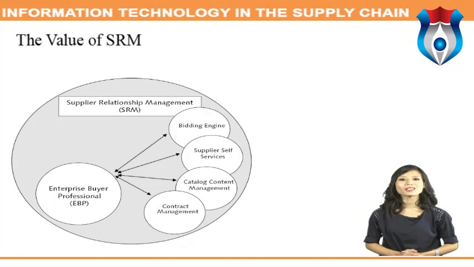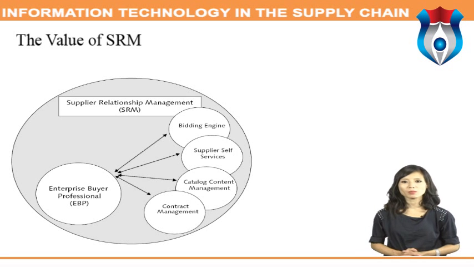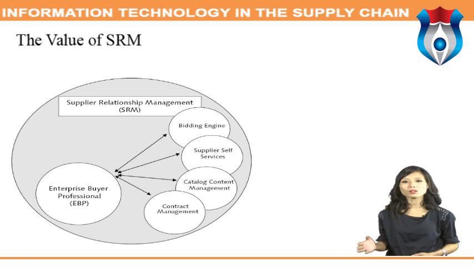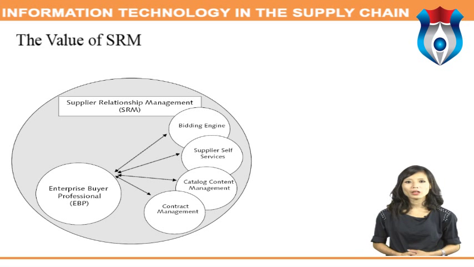The value of SRM. Dedicated technology can support and empower supply chain transformation by facilitating improvements and driving efficiency across all sourcing and procurement processes. As such, it will minimize any negative impact they may have on overall supply chain performance.